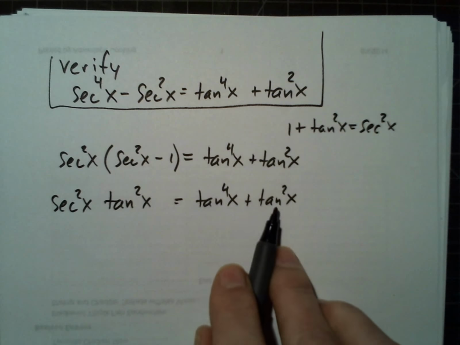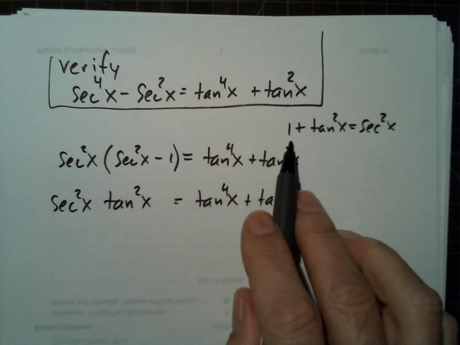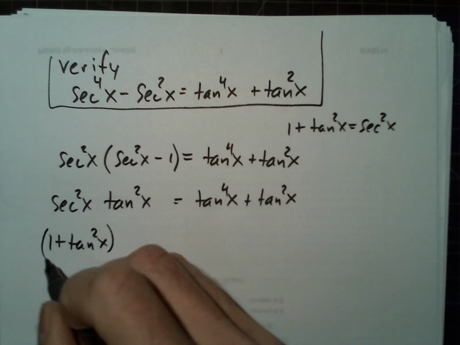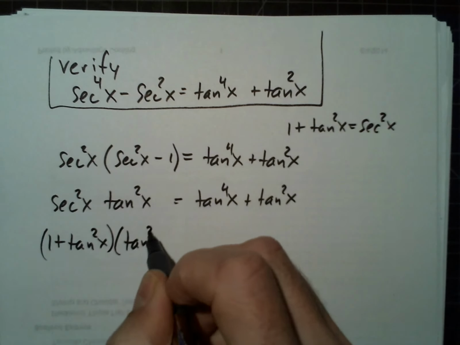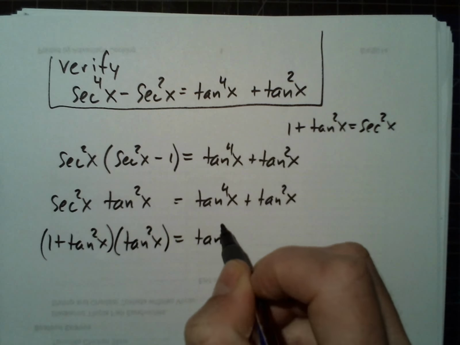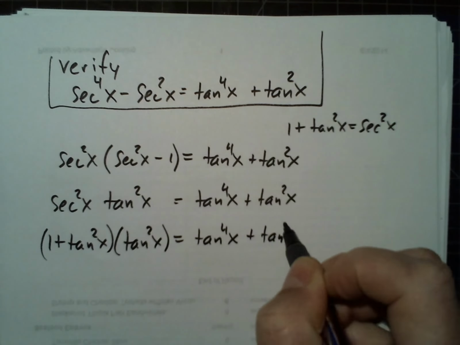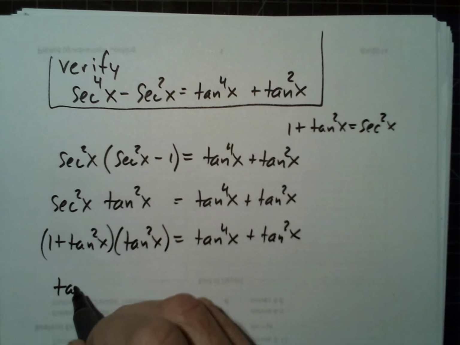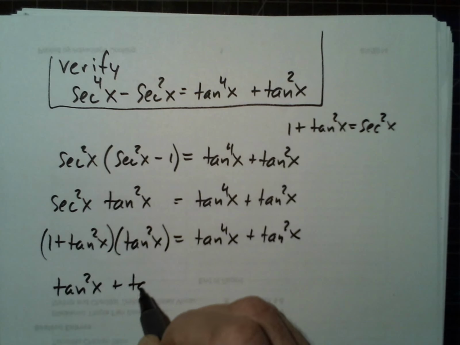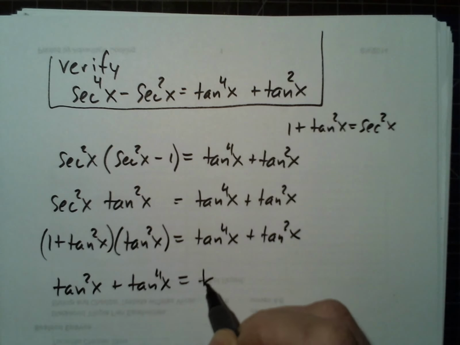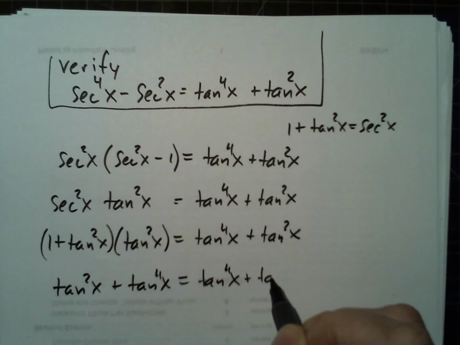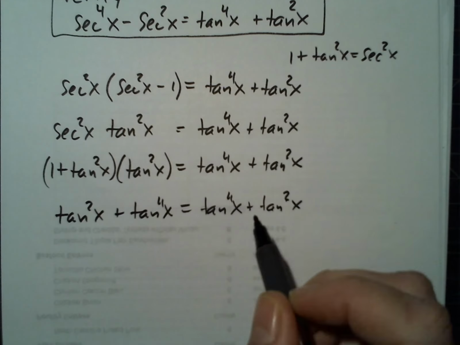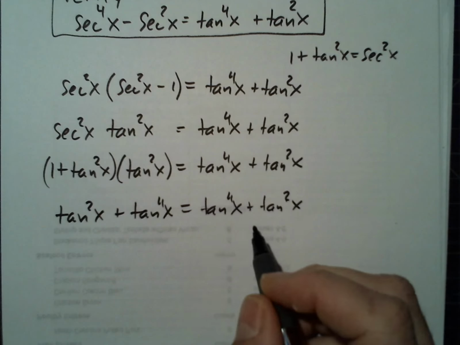We see that everything's a tangent, so let's replace secant with 1 plus tangent squared, and we'll distribute and we'll end up with that. And we just switch the order there, and it'll be the same.